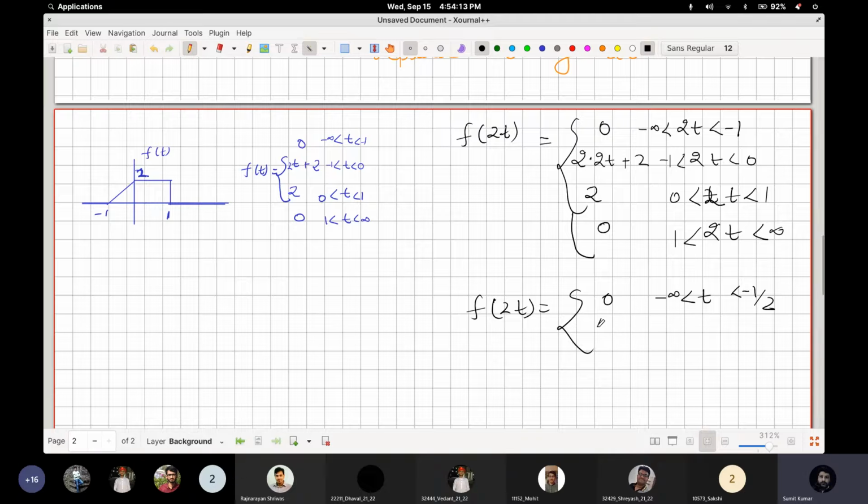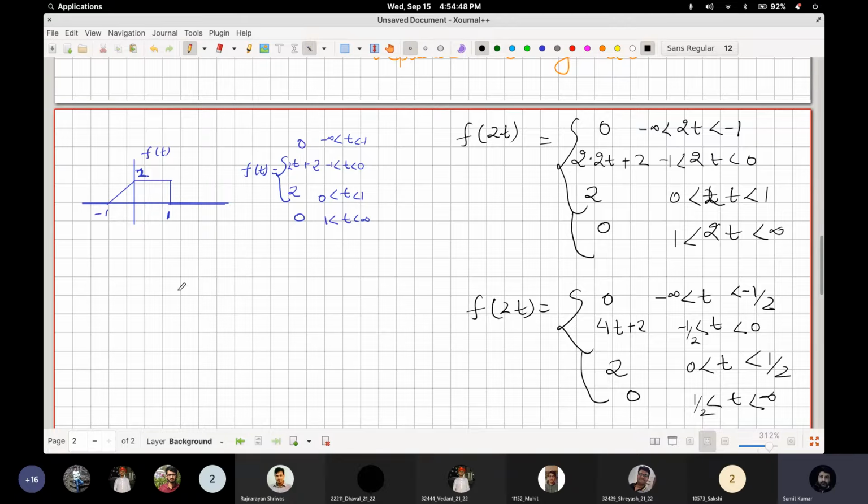And then after that it is equal to 4t plus 2 between minus half and 0, isn't it? And then after that you have 2, between t equal to 0 and half, and then after that you have 0 between half and infinity, isn't it?